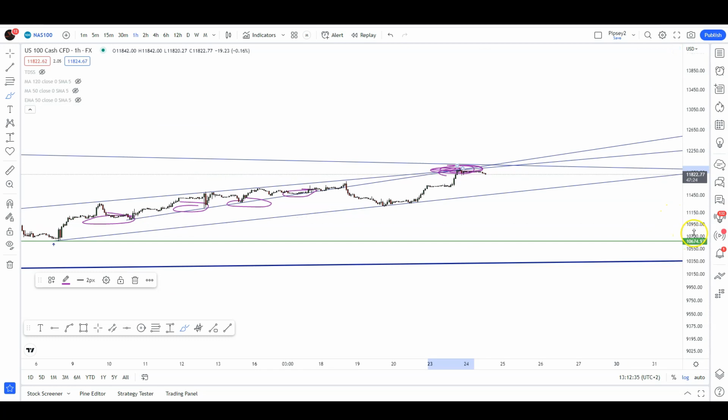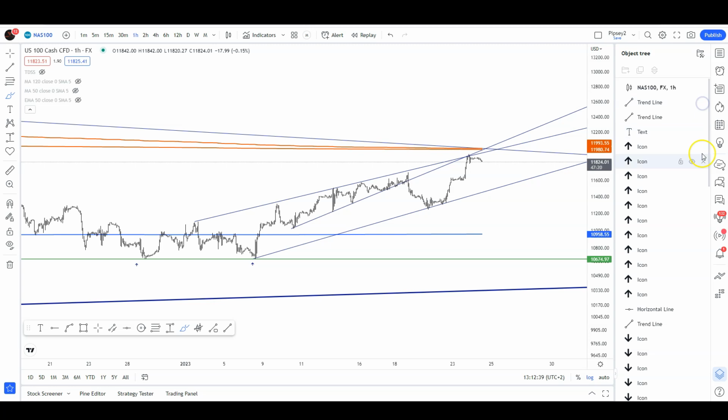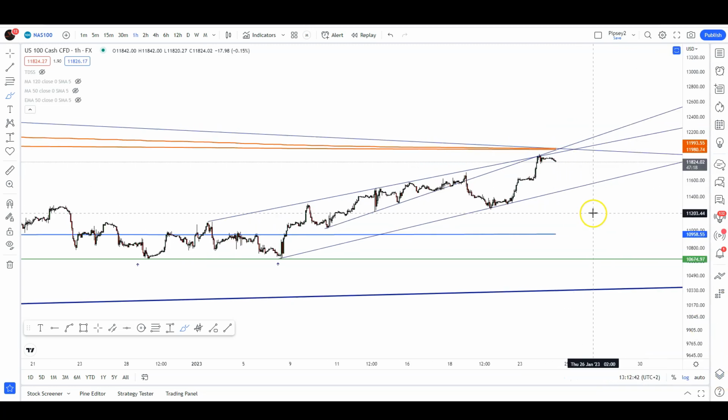If you go down even smaller, right? Let me just clean these up quickly.